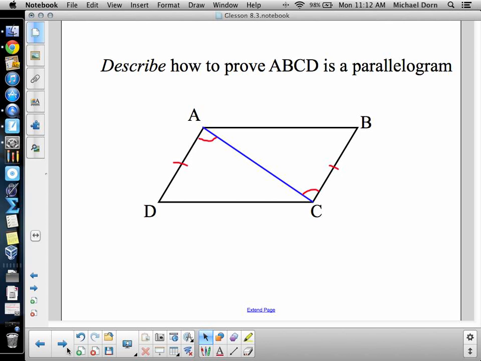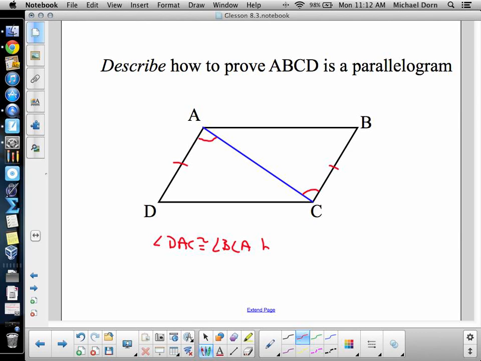Describe how I could prove that ABCD is a parallelogram. We don't have to write the full proof. We're going to kind of describe it. What do we know? Angle DAC would have to be congruent to angle BCA because of alternate interior angles.